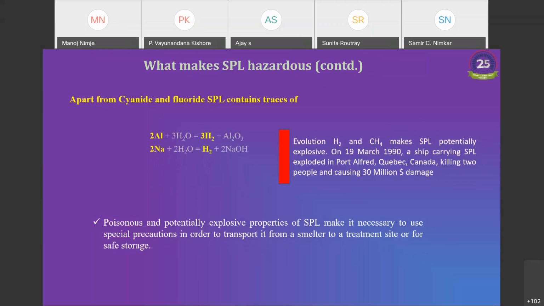Similarly, sodium, when it comes in contact with moisture or water, will produce sodium hydroxide and hydrogen gas. Similarly, aluminum carbide, when it comes in contact with moisture or water, will produce methane gas, and lastly, aluminum nitride, when it comes in contact with moisture or water, will produce ammonia and aluminum hydroxide. And the evolution of hydrogen and methane makes SPL potentially explosive.